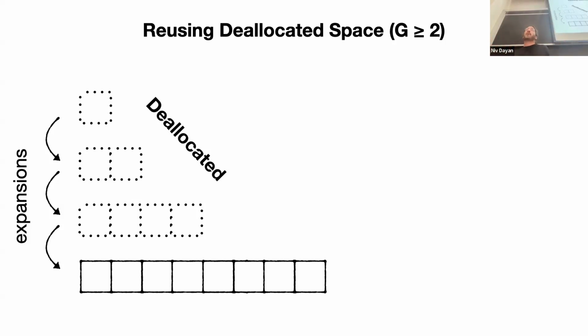It's possible the memory allocator is going to reuse them for something else, but let's suppose for a second that the only thing the memory allocator has to deal with is our array. Then the question is: can the memory allocator reuse the space that we have managed to free using these deallocated versions of the array? What's your take? Can we reuse that space with a size ratio of 2? Does anybody have an intuition?